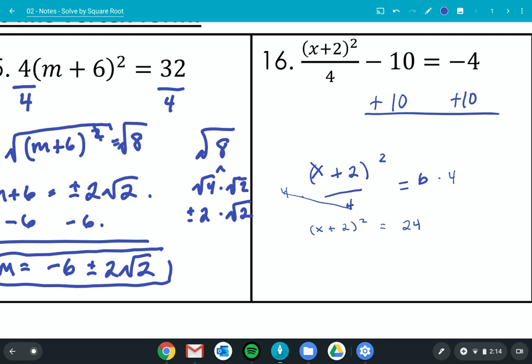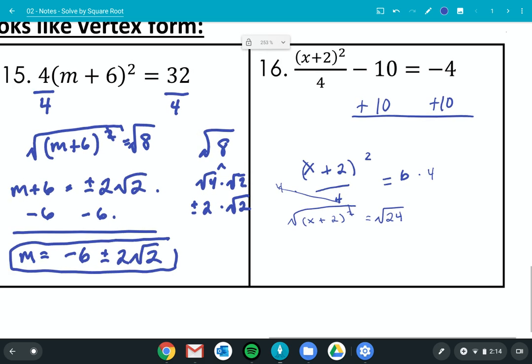So now I'm at a stage where it's actually quite familiar. Hopefully you know what I'm doing next is taking a square root of both sides. And like I said, we've just got to ask ourselves, this square root of 24, factor it. I've got 8 and 3. I've got 6 and 4.